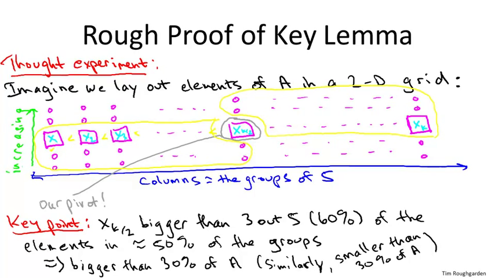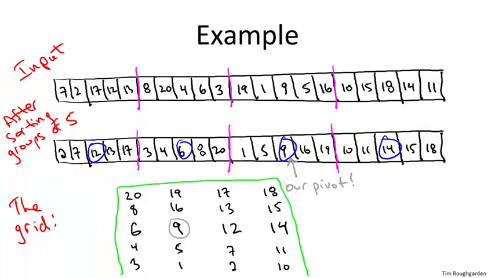Returning to our example, the southwest region of the 9 is this stuff: 1, 3, 4, 5, 6. Certainly all of that is smaller than the 9. You'll notice there's other things smaller than the 9 as well. There's the 8, the 2, the 7, which we're not counting. But it depends on the exact array whether or not in those positions you're going to have stuff smaller than the pivot. So it's this yellow region we're guaranteed to be smaller than the pivot.